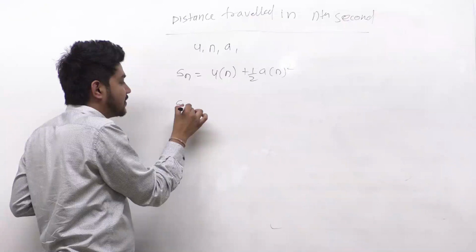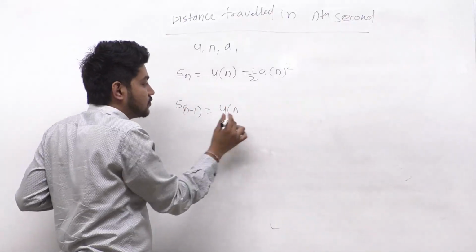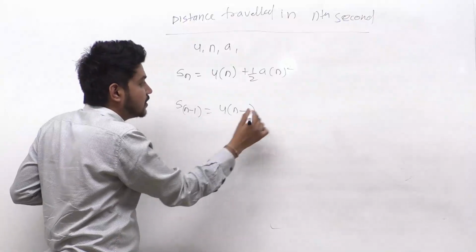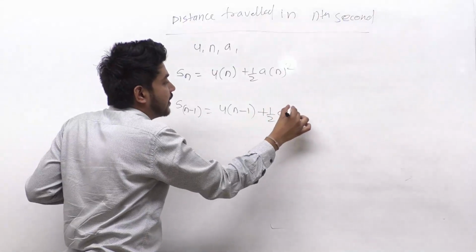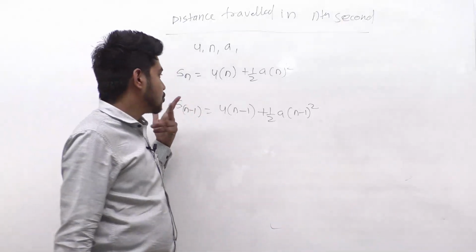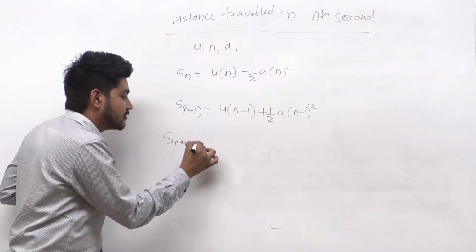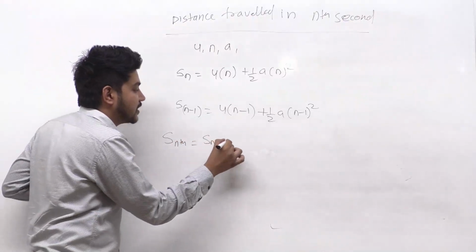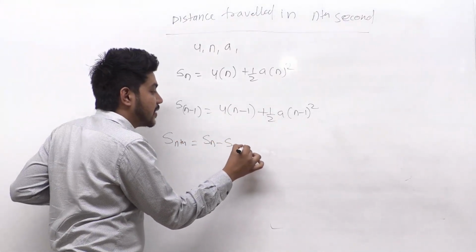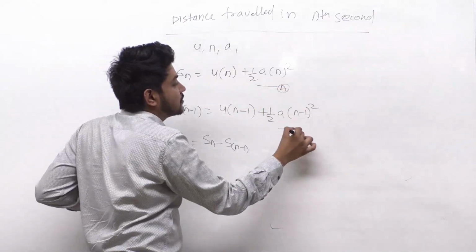Now distance travelled in first n minus 1 seconds will be S equals u(n minus 1) plus half a (n minus 1) square. Now from both these equations we can find distance travelled in nth second, which is Sn minus S(n minus 1), right? So I'll substitute the two values from these two equations.